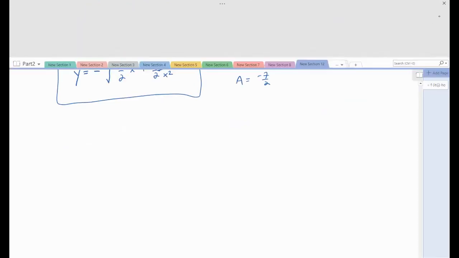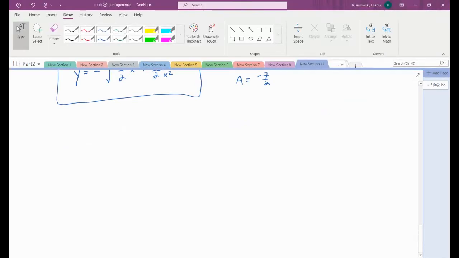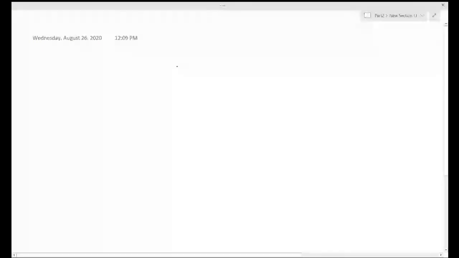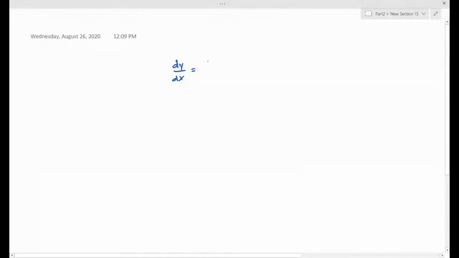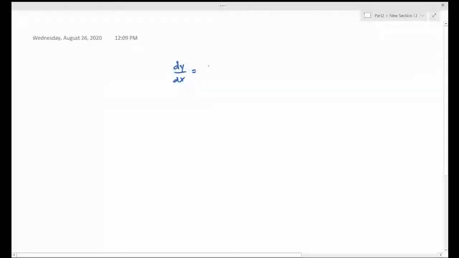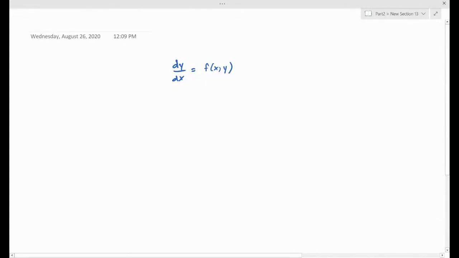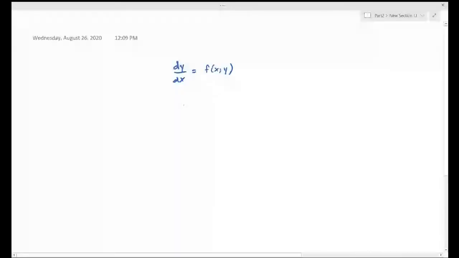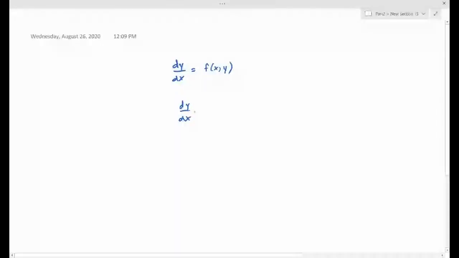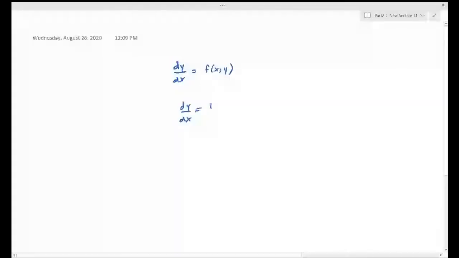Okay, so when the first exam comes around, I guess what you want to be able to do is keep a checklist, a flow chart almost. Right, so you have a differential equation written in this conventional form, and the first thing you would ask is: is it separable?